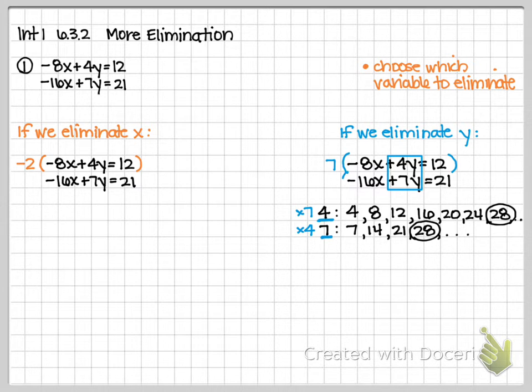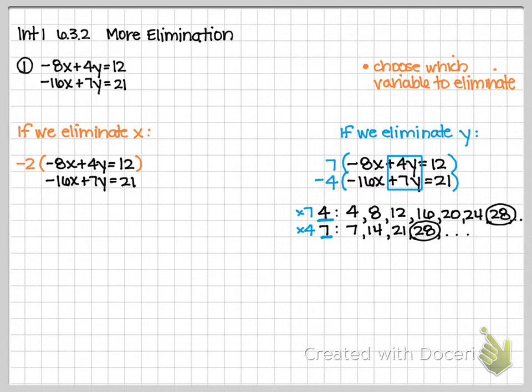So the entire second equation would have to be times by 4. But even then, they'd both be a positive 28. I don't want that. I need the signs to be different. So one of these, doesn't matter which one, you'd have to multiply through with a negative. So I can make it work.